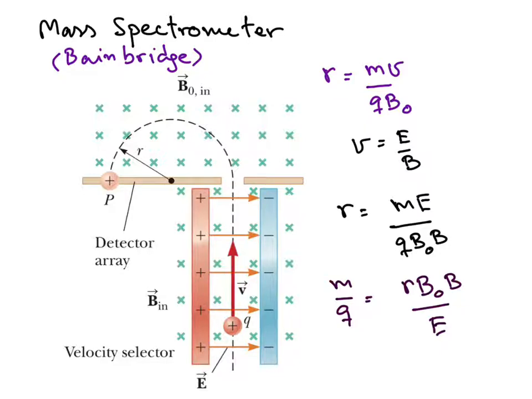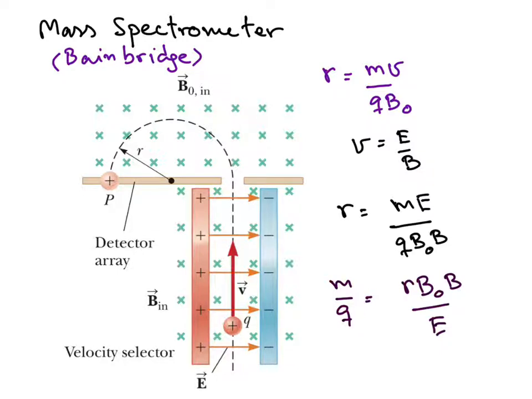So if you have a gas with many isotopes, for example carbon, you may have carbon 12, carbon 14, and many isotopes in that gas, and you pass this gas into the velocity selector.